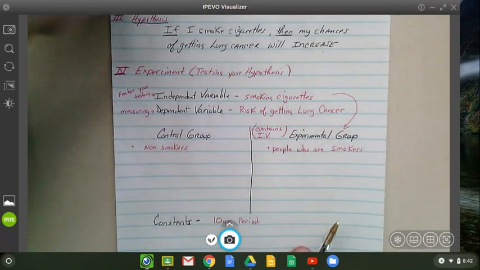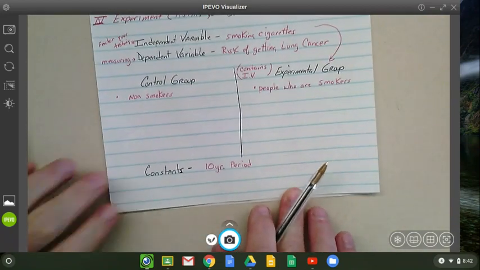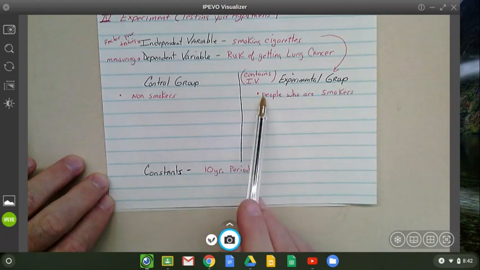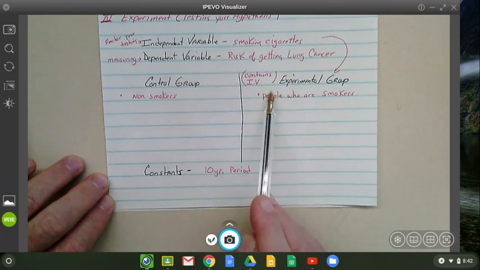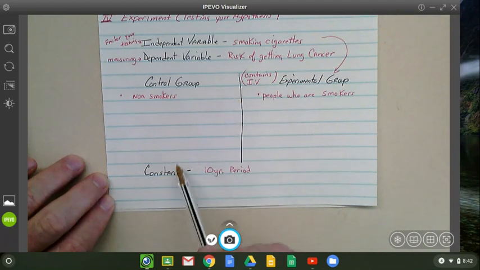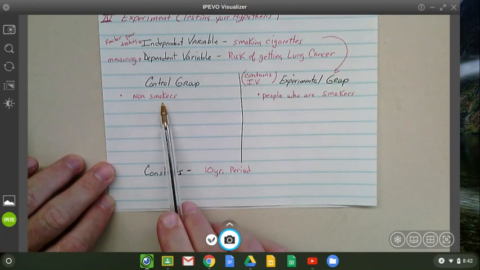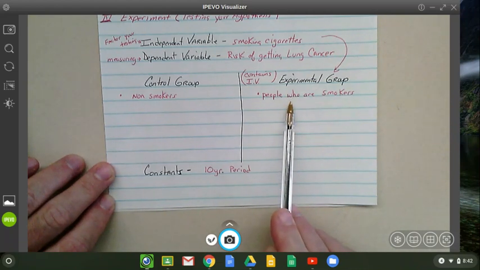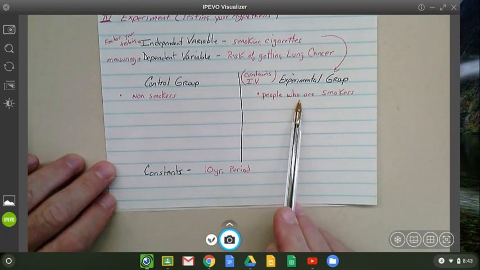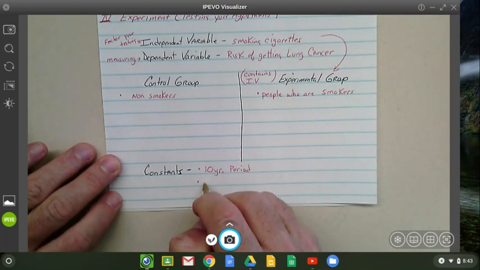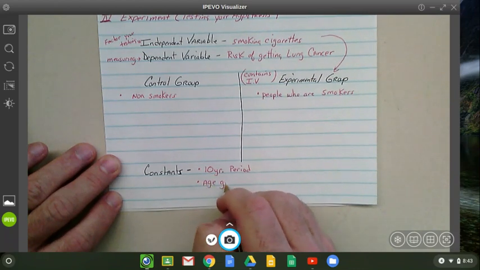All right, so I have my two groups of people. One is the non-smokers, one are the group of smokers. So that's going to be the only difference between the two groups, is the one that has the variable that we're testing. So now both of these groups are going to have a lot of similarities. So for example, they're both going to be monitored for 10 years. One group is non-smoking for 10 years, and in this group, they're going to be smoking for 10 years. Another constant might be the age group should be the same.